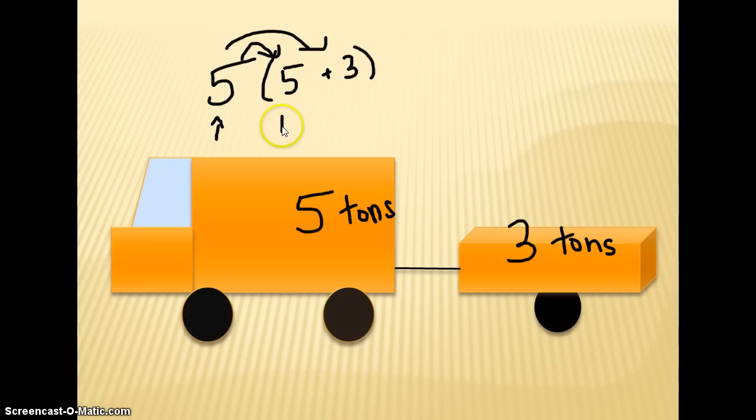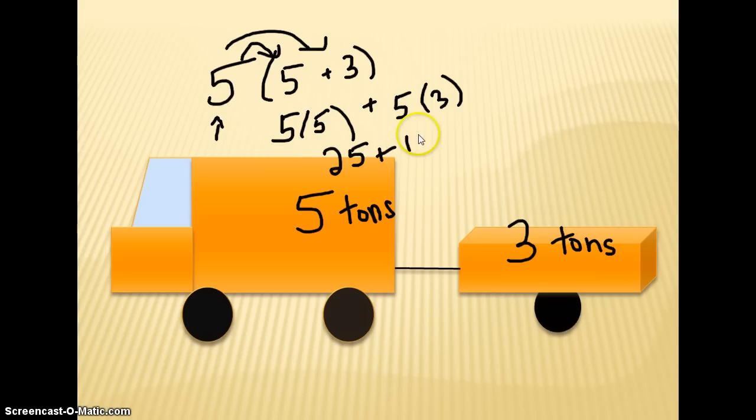So the truck is going to make 5 trips, which is 5 times 5, plus the trailer is going to make 5 trips as it's attached to the truck, which is 5 times 3. That gives us 25 plus 15, and 25 plus 15 equals 40.